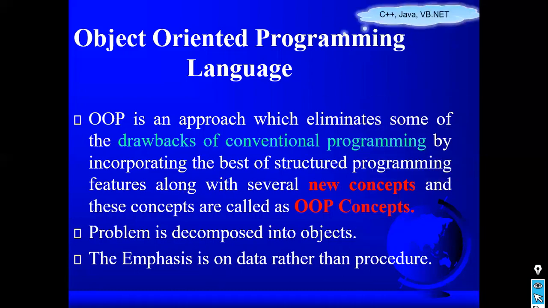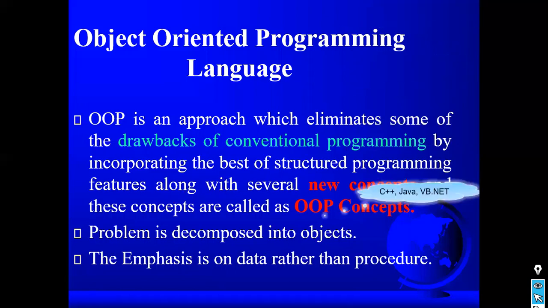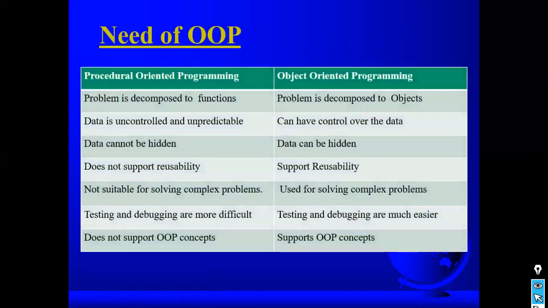C++, Java, VB.NET, and C#.NET are some examples of object-oriented programming languages. Now let's look into the major differences between procedure-oriented and object-oriented programming languages. In procedure-oriented programming language, the problem is decomposed into functions, whereas in object-oriented programming language, it is decomposed into objects.